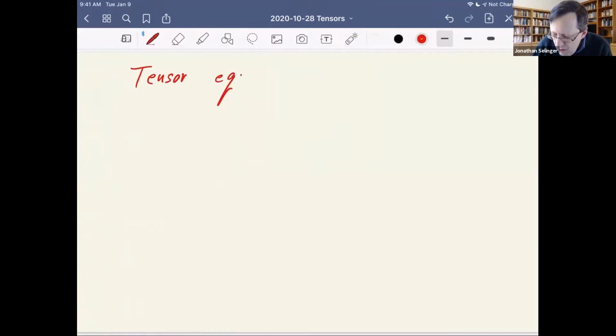All right, so for example, suppose we want to say that the tensor T is 2 times the tensor S. So it's a relationship between 2 tensors. I could write this out component by component, right?